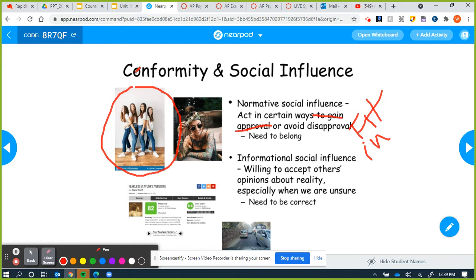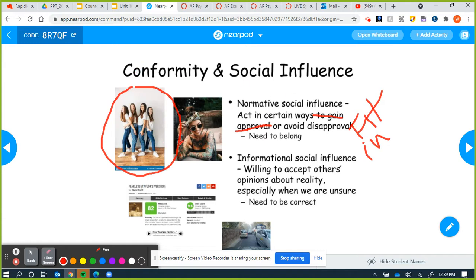Is it planned? Does everybody say, hey, we're wearing the white shirts and the white shoes today? Or is it just like-minded people? Like-minded people, okay? All right. That is an example of normative social influence, doing something to fit into the group.